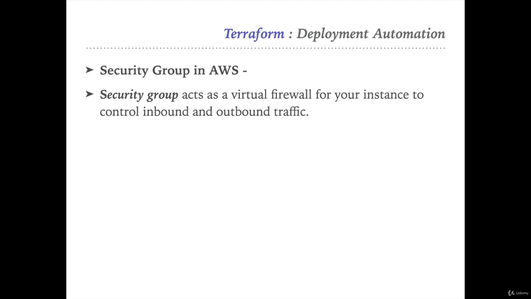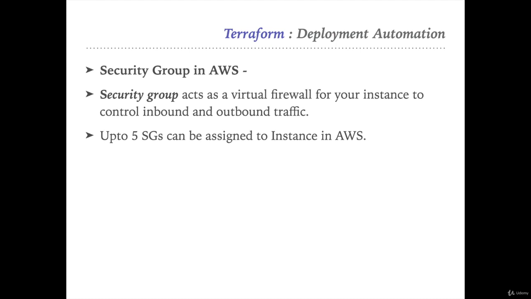You can define 1 to n number of security groups within the defined quota in your AWS account. We can associate up to 5 security groups to a single instance in AWS. Not more than 5 security groups can be assigned to a single instance. And if you have a requirement to associate more than 5 security groups to a particular instance, then it means there is some problem in your approach, right?